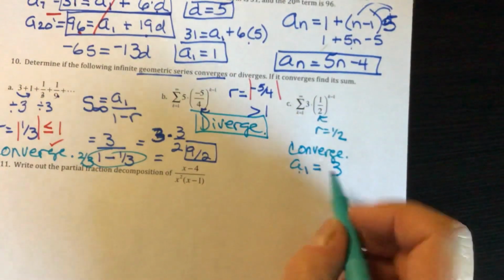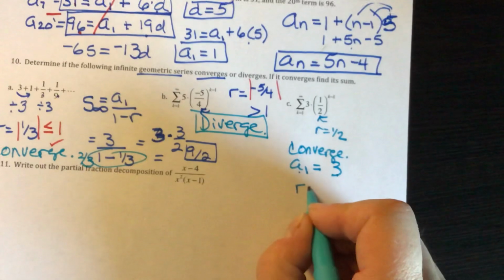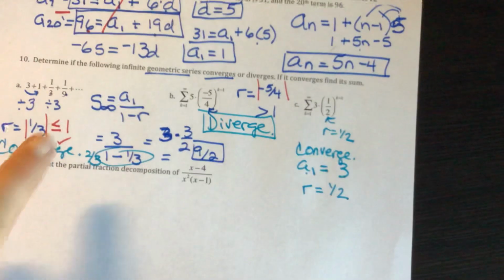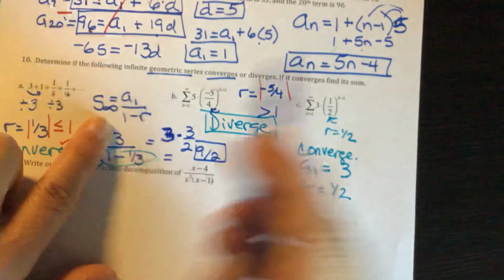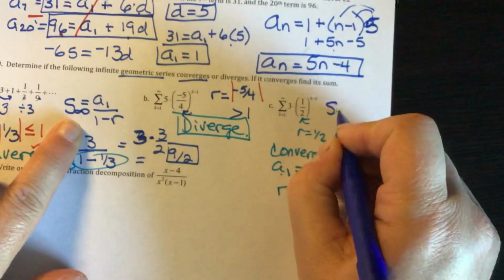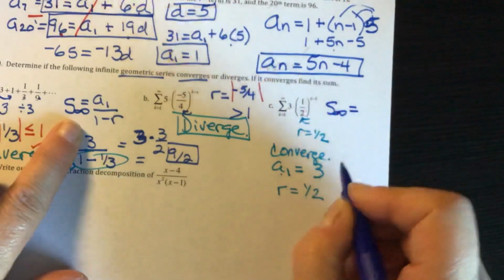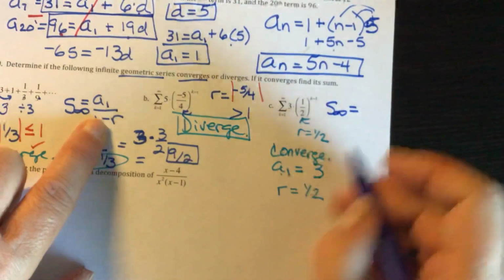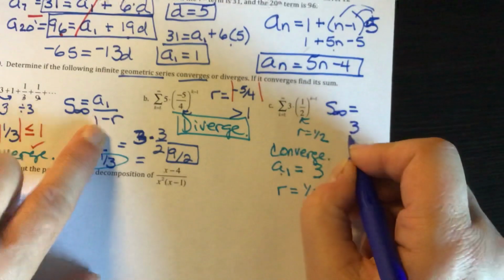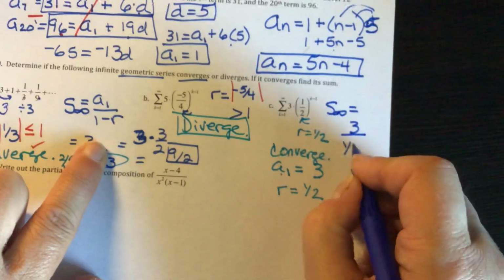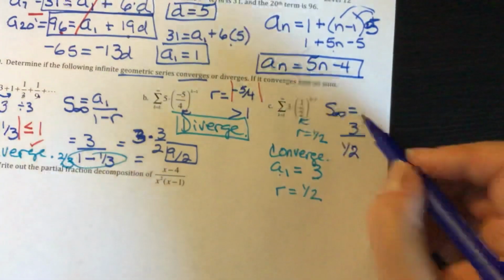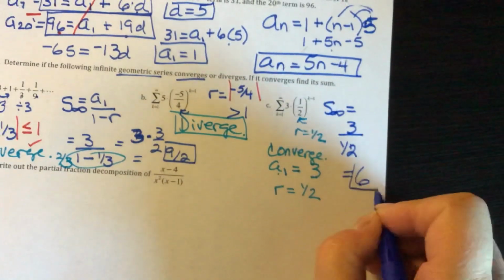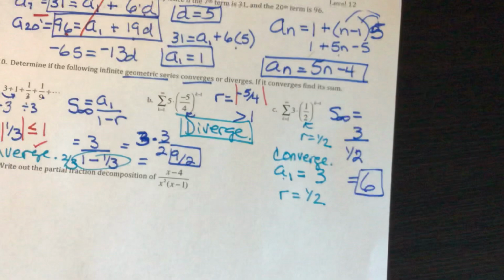So my first term is 3, and my common ratio is 1/2. Using this formula back here, the sum of the infinite series is a sub 1, which is 3, over 1 minus 1/2, and 3 divided by 1/2 is 6, and that's it.